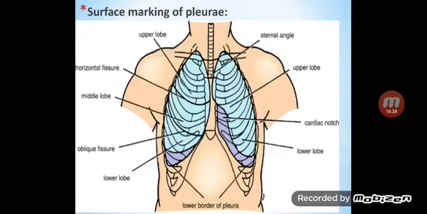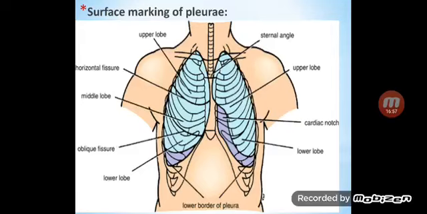The surface marking of the pleura. This is actually very important. You remember the cervical part of the parietal pleura, or the cervical pleura, which some sources call the dome of the pleura.